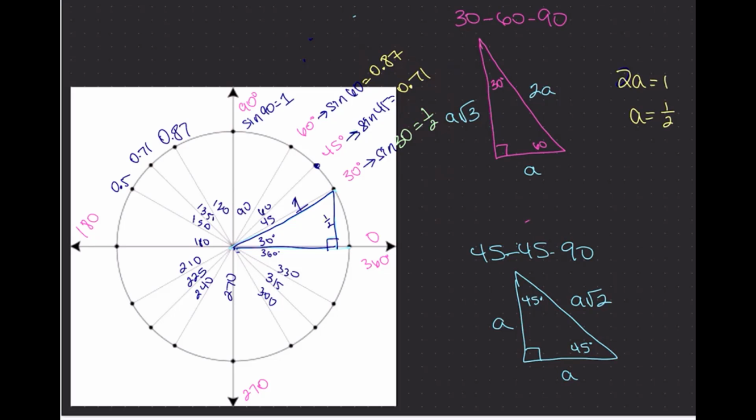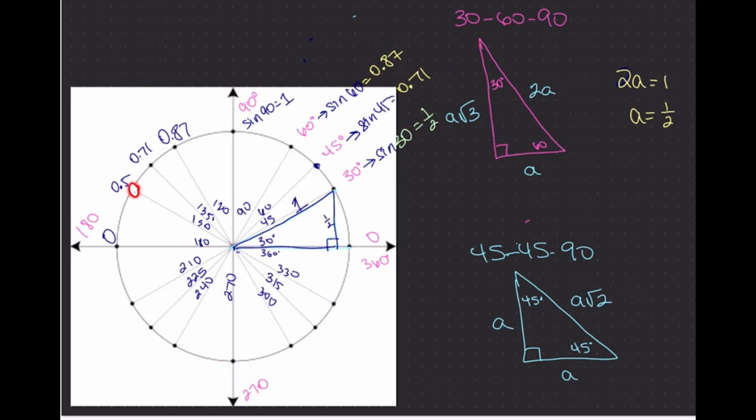What's my 180 going to give me for my y value? What's my y value right here for 180? 0. Okay. So now I can keep going around and keep reflecting these, but now that I'm in the third quadrant, what are my y values all going to be? They're all going to be negative.